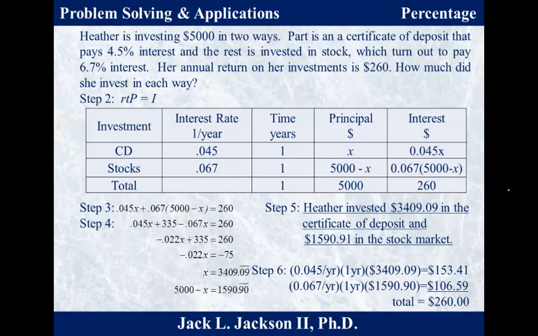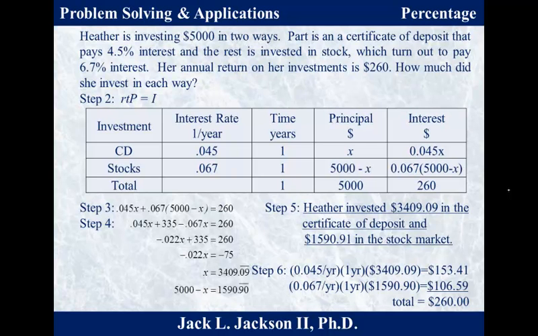And so we're going to say Heather invested $3,409.09 in this certificate of deposit, and then 5,000 minus that, that's $1,590.91 in the stock market. Let's check it out. If the money in the CD is left in for 1 year at 0.045 or 4.5% per year, that's going to give you 0.045 per year times 1 year times $3,409.09.